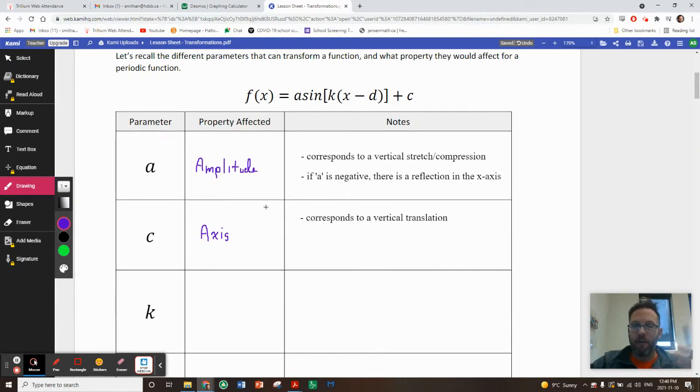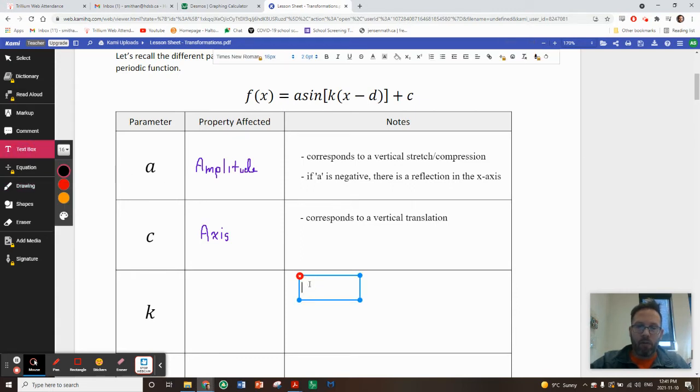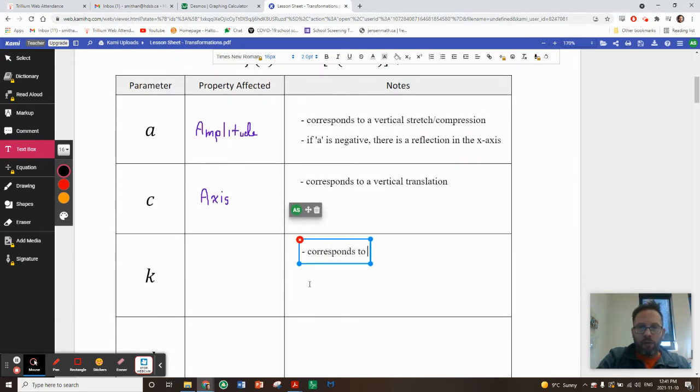Let's continue. So the value of k, we know from our grade 11 course, corresponds to a horizontal stretch or compression.